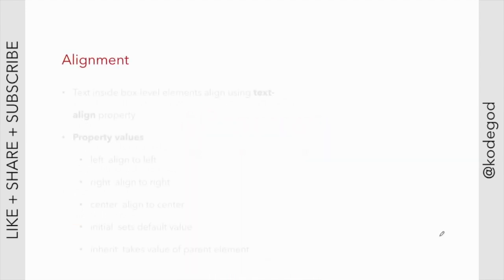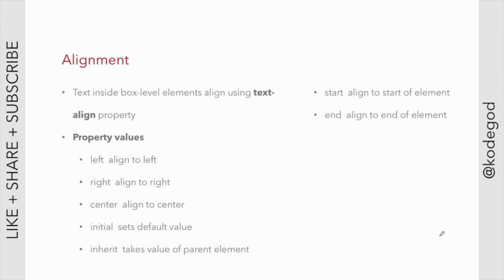And then finally we have alignments. For text inside block level elements, sometimes you will need to get it aligned either on the left side, right side, or you want to keep it in the center. In those cases you can make use of the alignment property, and possible values are left, which aligns your text to the left hand side.